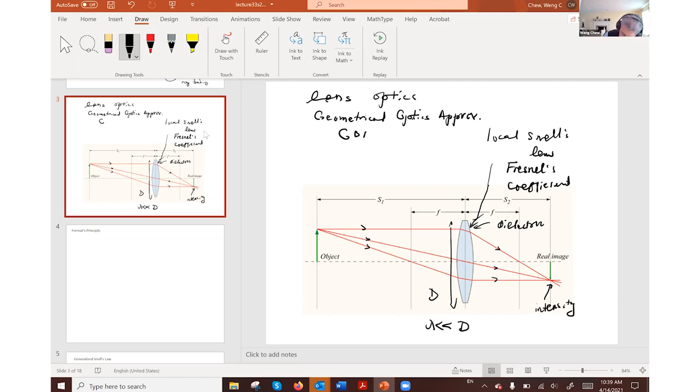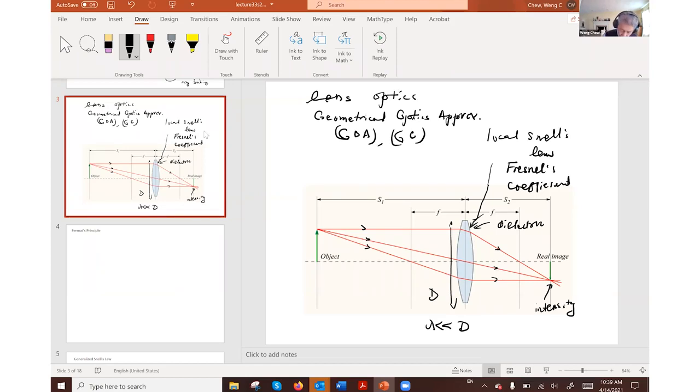Sometimes called GOA in short, or just GO in short. You can actually figure out refraction and transmission quite easily in this kind of thing.